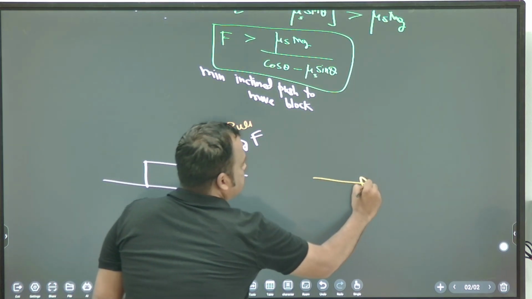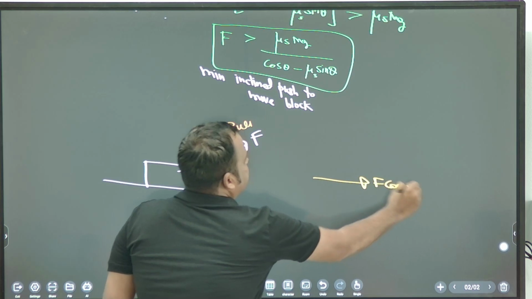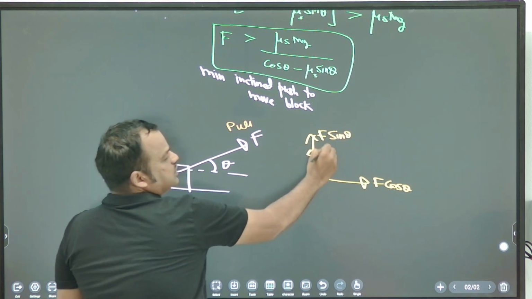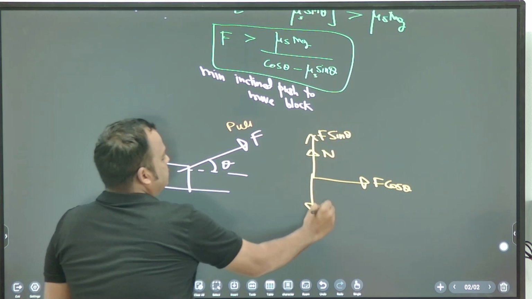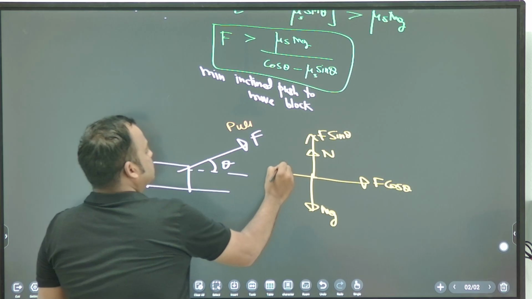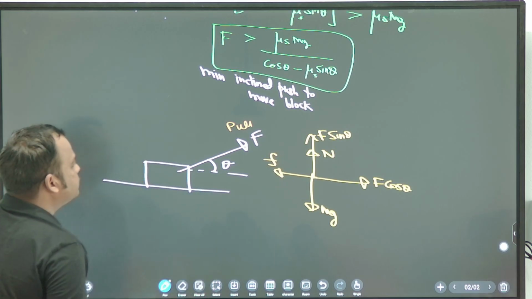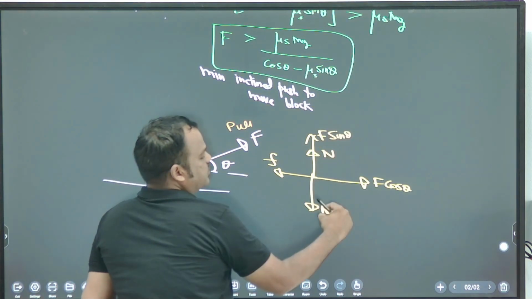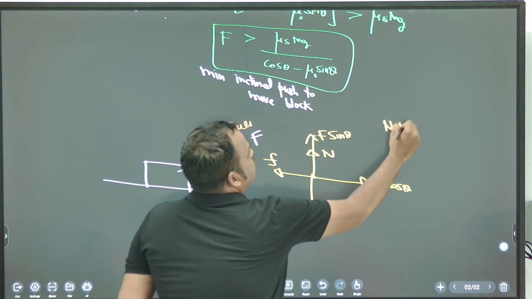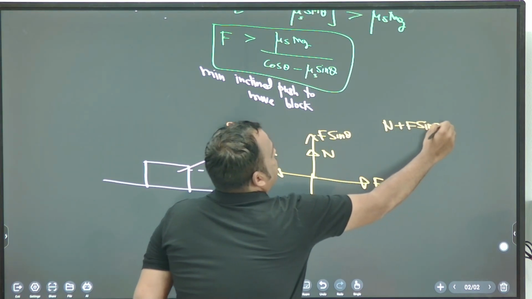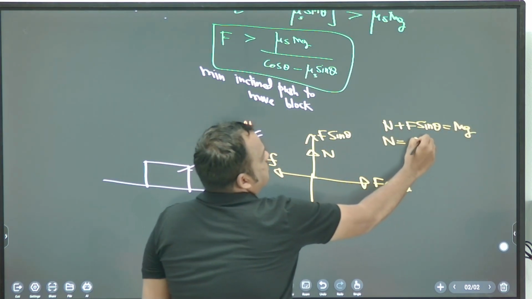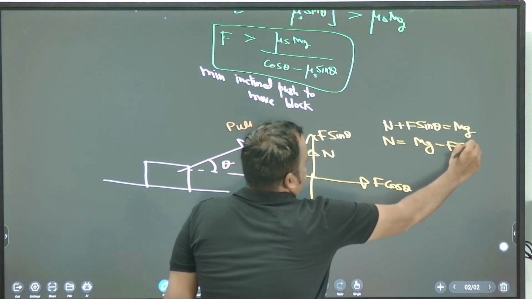Horizontal component, f cos theta. Vertical upward, f sin theta. Normal force upward, mg downward, friction leftward. So what is the normal now? N plus f sin theta is equal to mg. So what is n? Mg minus f sin theta.